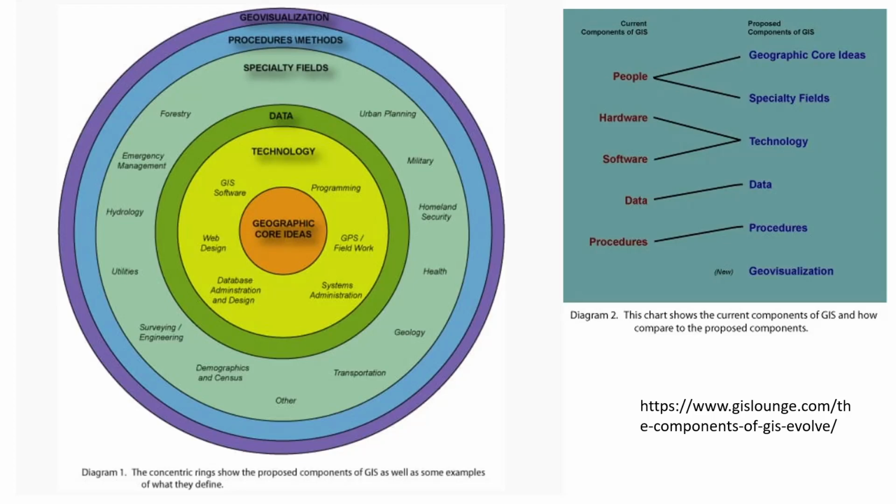And you can see concentric rings showing the proposed components of GIS as well as some examples of what they define. In the center of the rings are geographic core ideas.